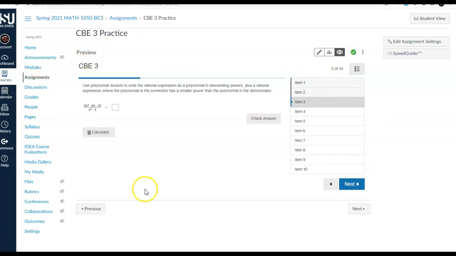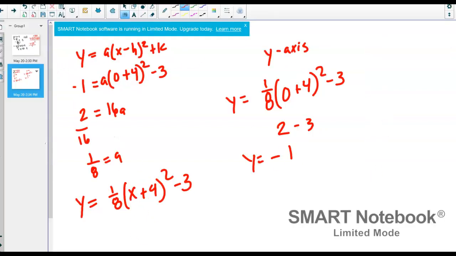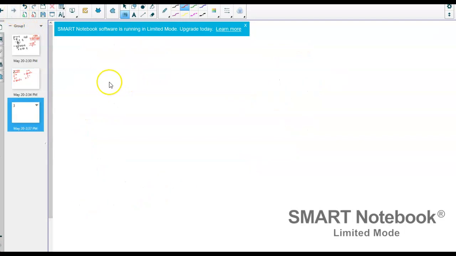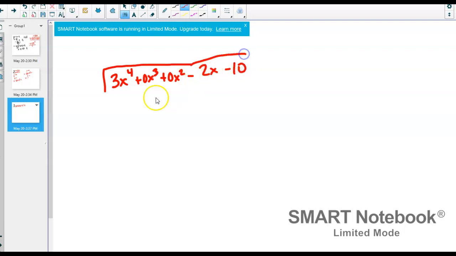Okay, and so when I go do my division for this one, remember underneath goes my numerator, so 3x to the 4th minus 2x, so I'm going to go plus 0x to the 3rd plus 0x to the 2nd. It just helps me keep my order of things correct. If you don't need it, then that's all right. And then out here I've got x squared plus 0x minus 3.